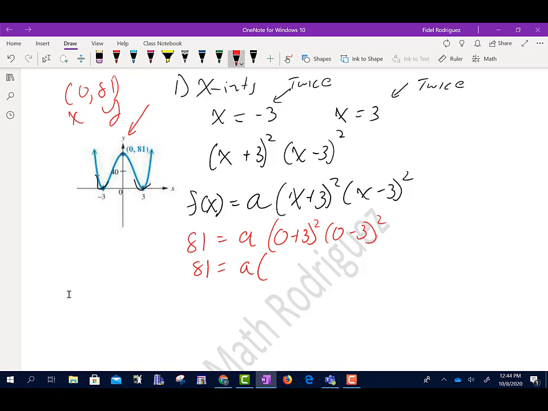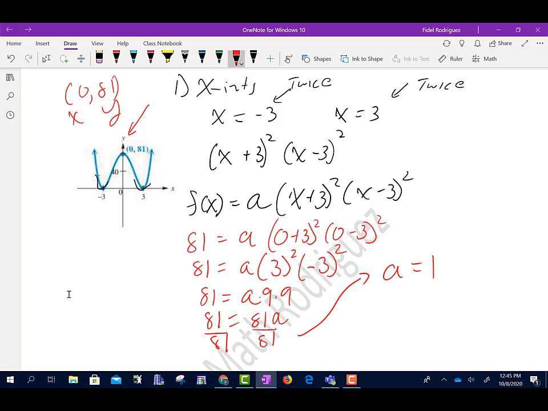So 0 plus 3 is 3 squared. 0 minus 3 is -3 squared. 3 squared is 9. -3 squared is also 9. So 81 equals 81 with an a. So when we divide both sides by 81, we come up with a is equal to 1.